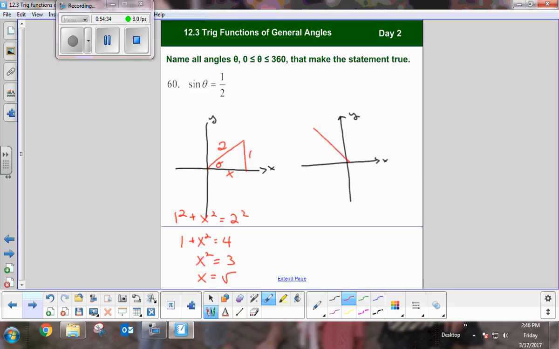Wow, x is the square root of 3. What kind of triangle is that? 30, 60, 90. And what's this theta? What's opposite the smallest side? The 30 degrees. So here, theta is in the first quadrant, theta is 30. Well, that means it's my reference angle. So this angle is going to be 30.